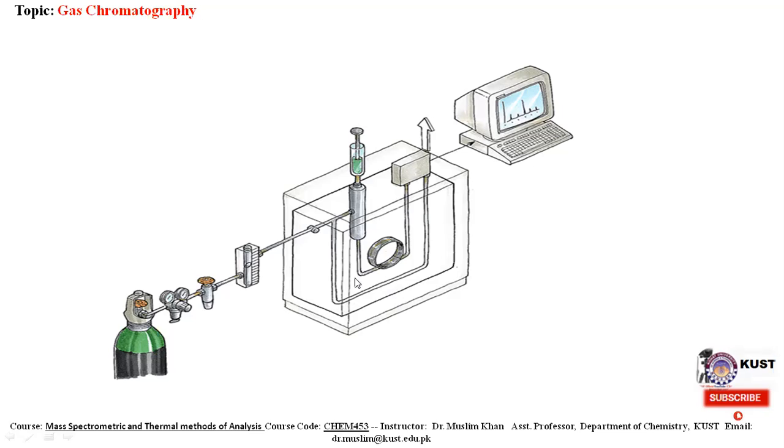Then the sample which you have injected here, along with the mobile phase, passes through this column, comes out of the column and goes to the detector where it is detected, and then it is connected to a recorder where you can record your chromatogram.